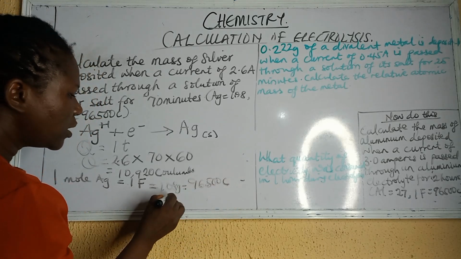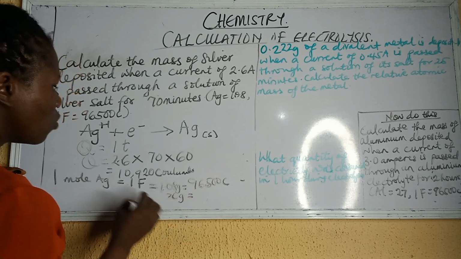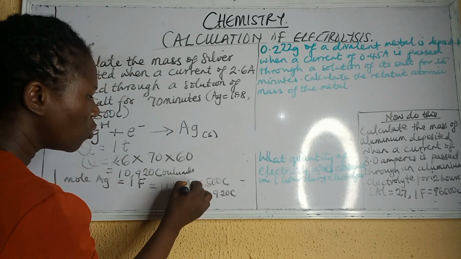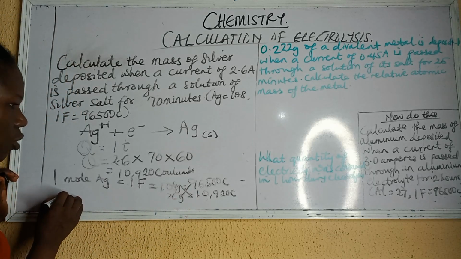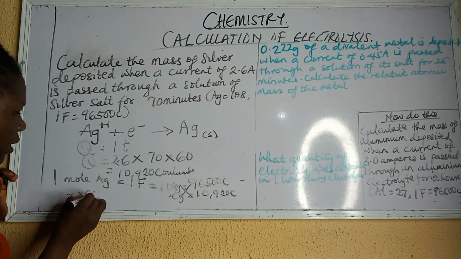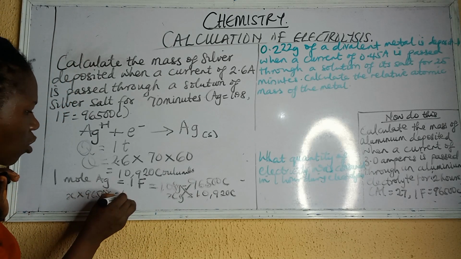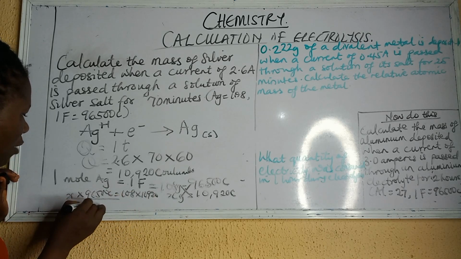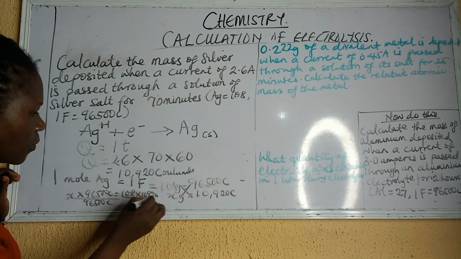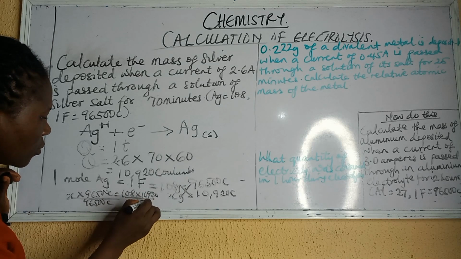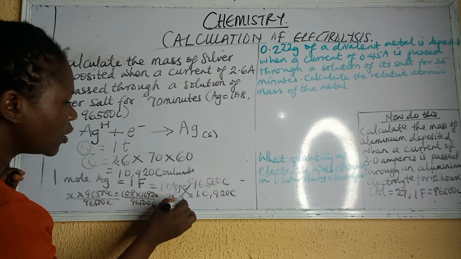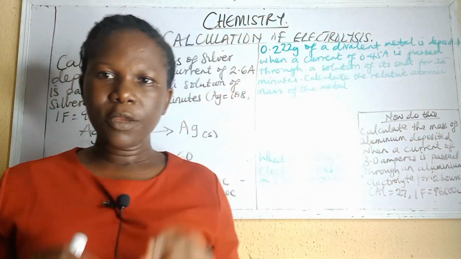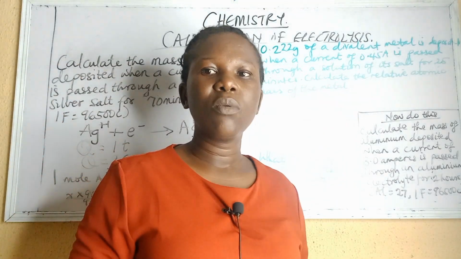What mass, that is X gram, will be yielded by 10,920 coulombs? So cross multiply. X times 96,500 coulombs equals 108 multiplied by 10,920. Divide both sides by 96,500 coulombs. Work it out and get your final answer. That is the answer in gram, because we are asked to calculate mass.